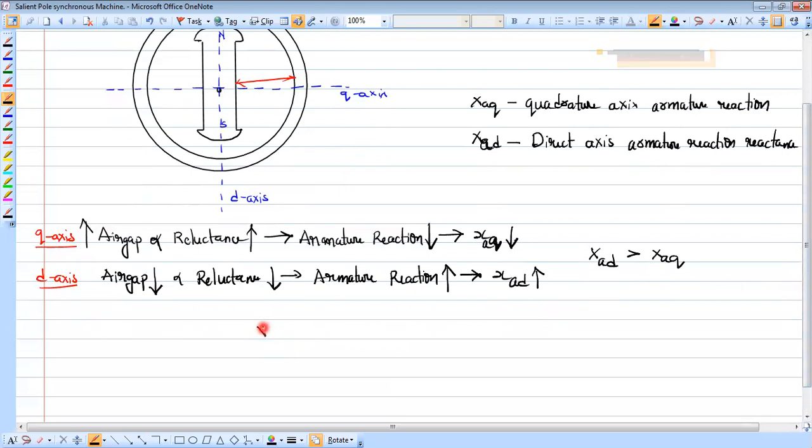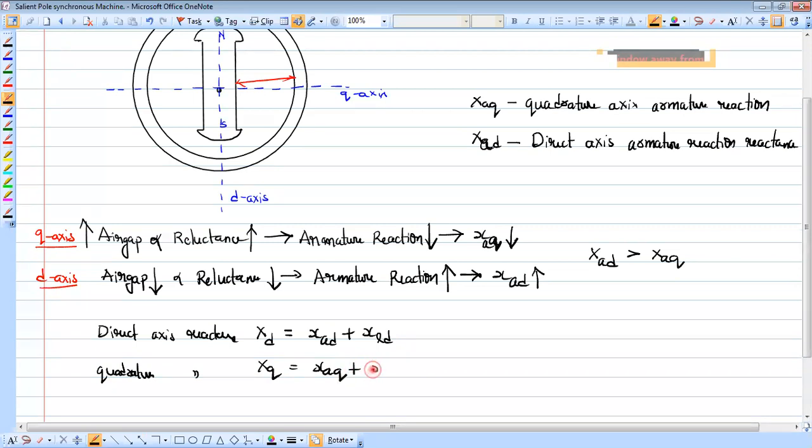So the total direct axis reactance, XD, is equal to the sum of the armature reaction reactance along the direct axis plus the leakage reactance along the direct axis. Similarly, the quadrature axis reactance XQ is equal to the armature reaction reactance along the Q axis, XAQ, plus the leakage reactance along the Q axis.